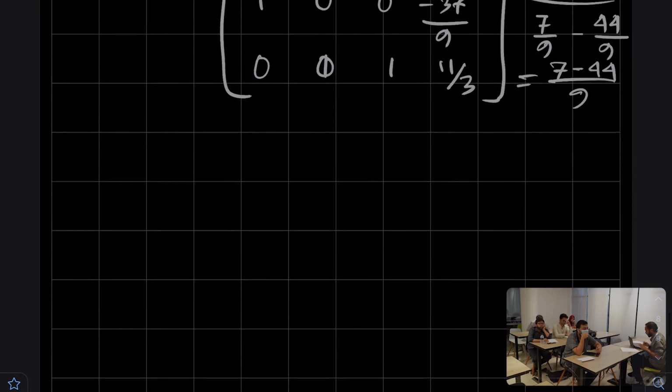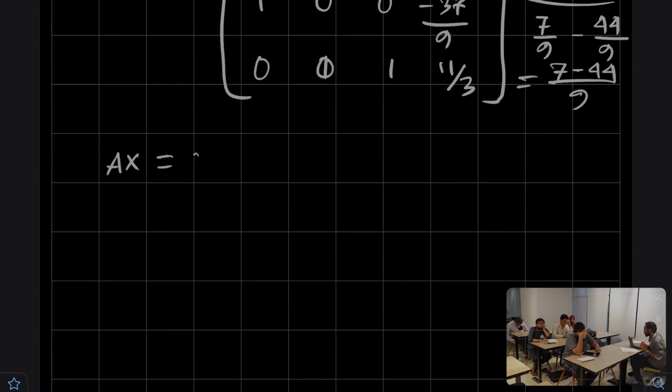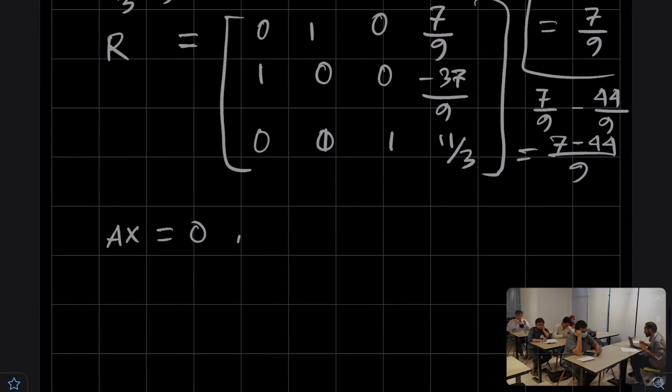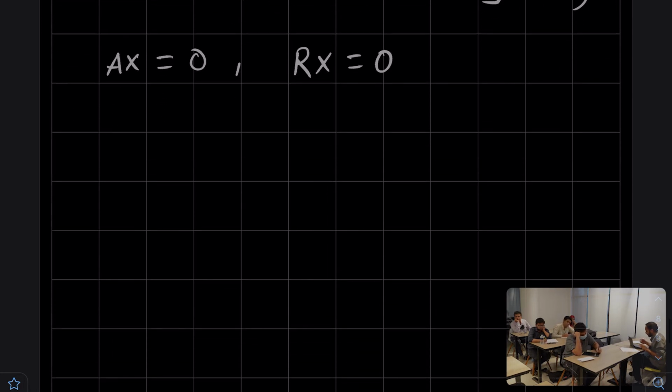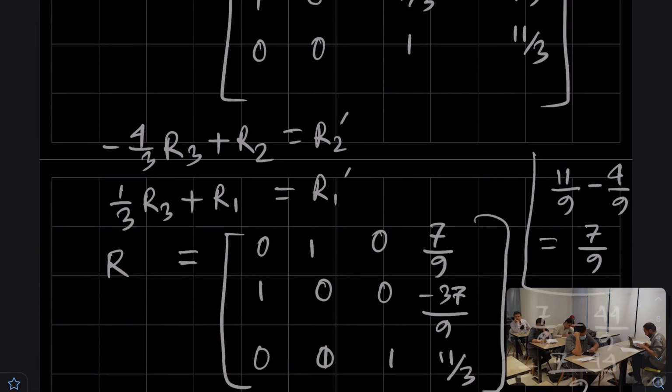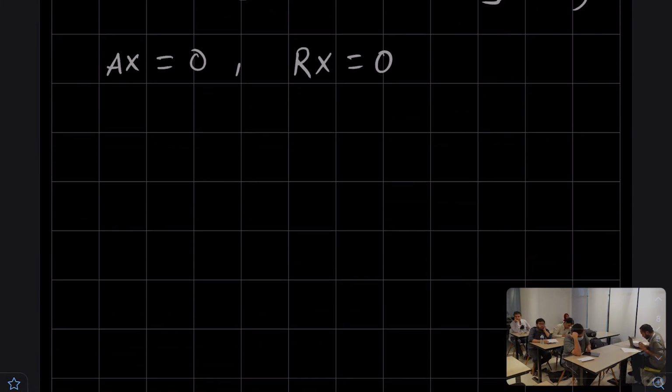Now if I consider AX equals 0, and let us call the final matrix R, from the previous theorem we can conclude that AX equals 0 and RX equals 0, these two systems, have exactly the same solutions, right?